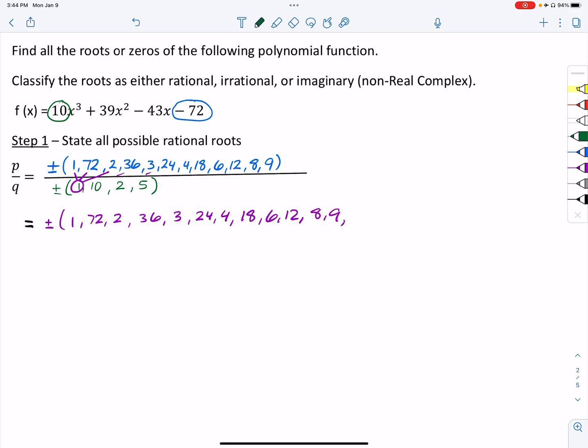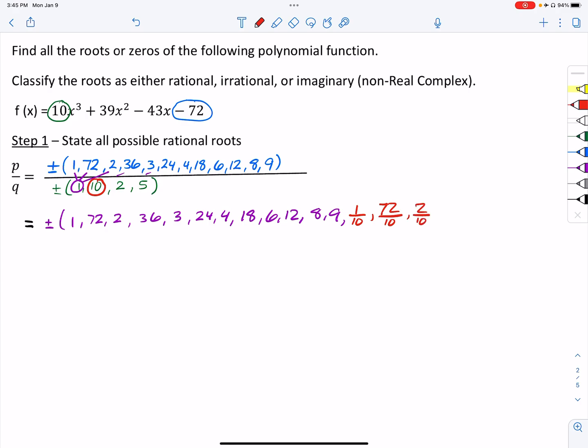Okay, the next thing I'm going to do is look at what if we divide by 10. And as we go through this process, we will run into some things that need reducing and maybe even some redundancy. So we'll get 1 over 10, 72 over 10. Worry about reducing this on our next step here. 2 over 10.